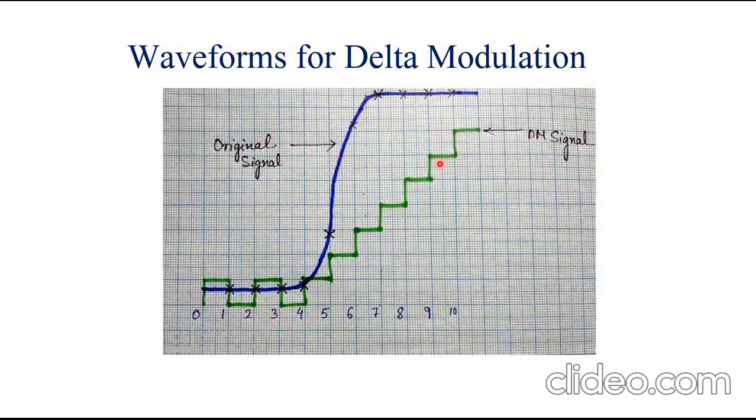This is the quantization error, which happens because of the delta modulated signal, and this is what we want to resolve by using adaptive delta modulation.